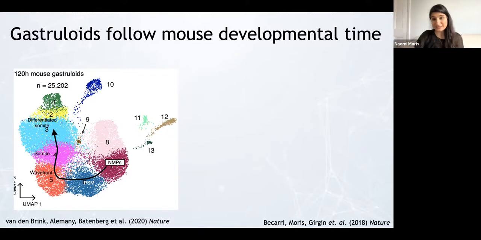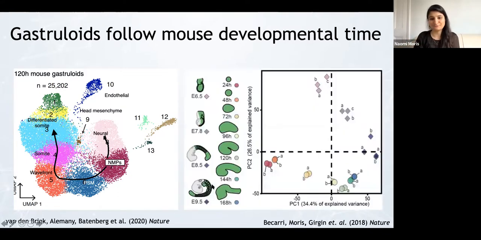And on the other side of the NMPs was a kind of more neural population of cells, with actually even some head mesenchyme endothelial populations, and cluster 12 here is PGC-like cells. So really the gastruloid has a huge amount of diversity in terms of cell types that they sort of represent, which was really exciting to us, because that means that they've got a lot of complexity in terms of the differentiation that the cells do within a single gastruloid.